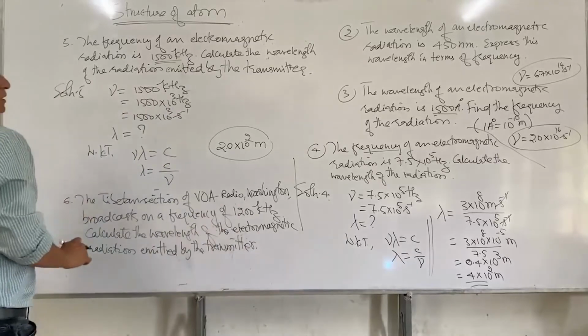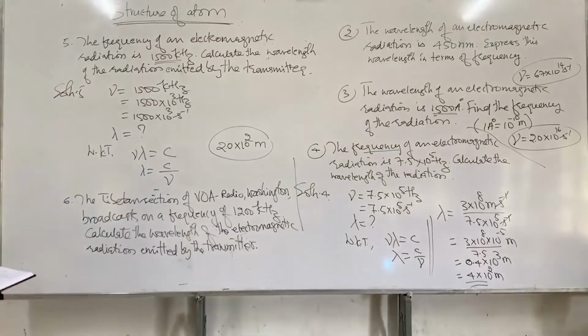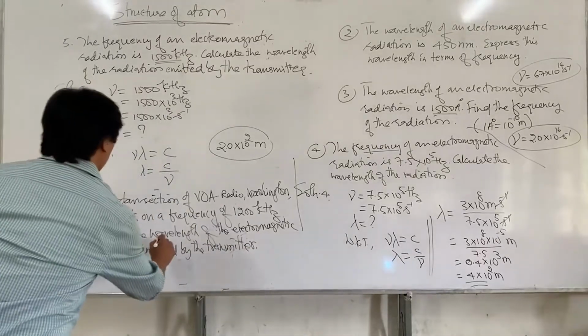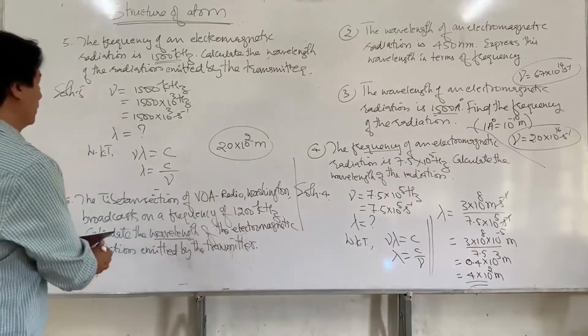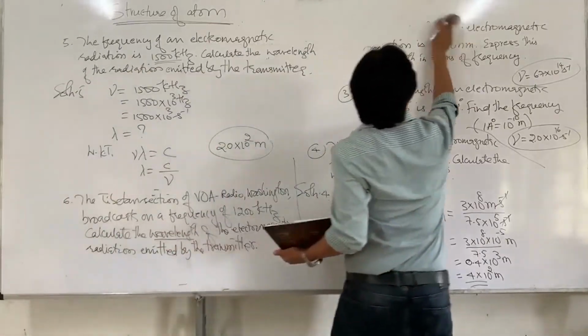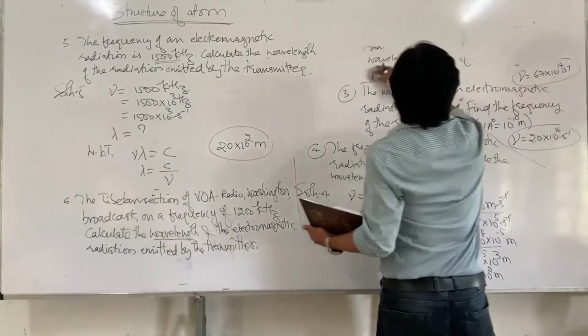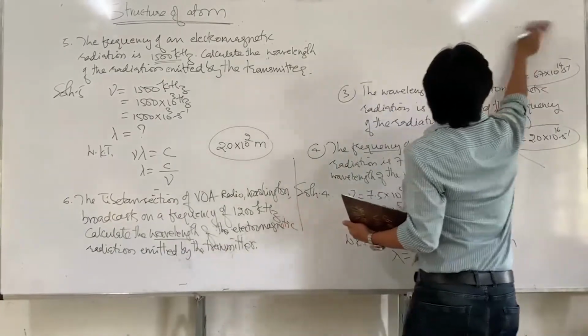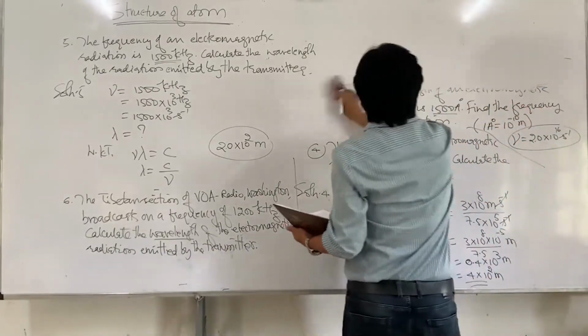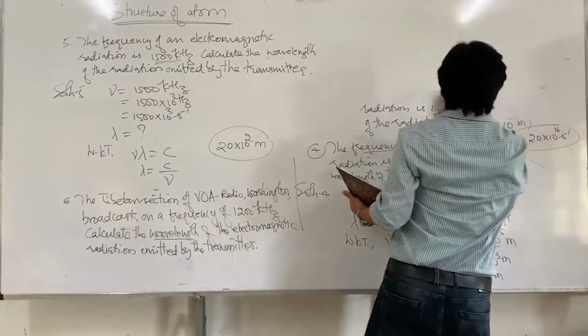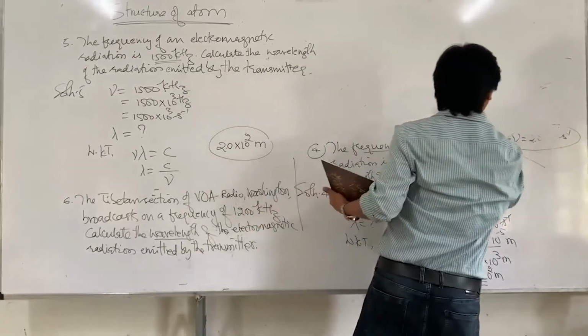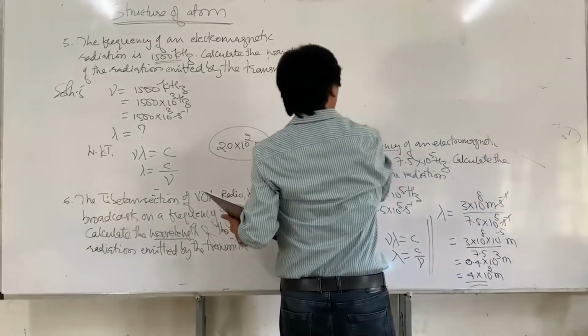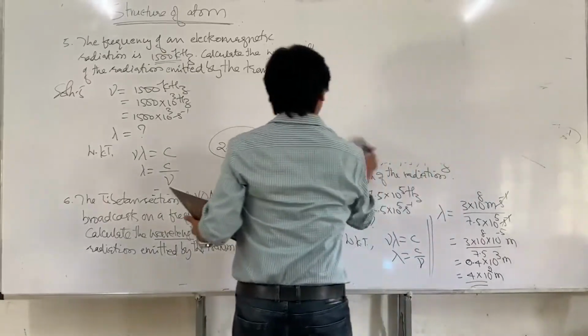So you can just do the same thing here. You just require to find the wavelength. Wavelength is what you need to find. You can just apply the same sort of relation here. That is nu lambda is equal to c. C is nothing but the speed of light, which is 3 into 10 raised to the power 8 meters per second.